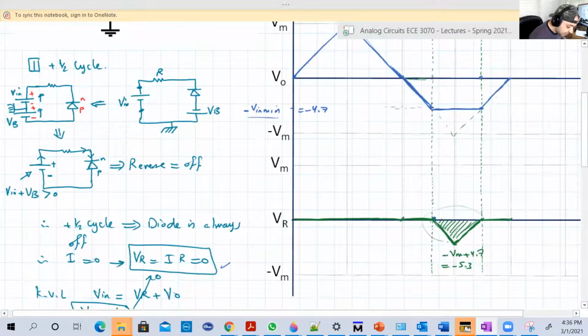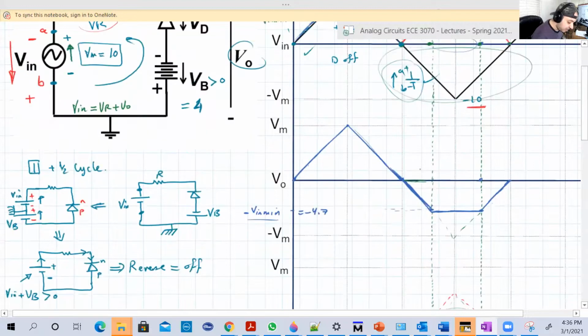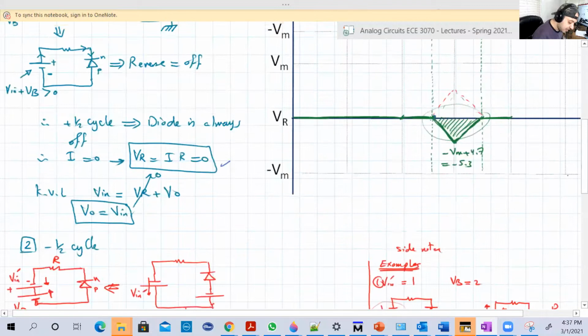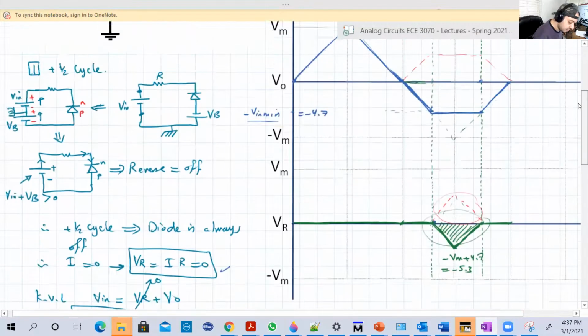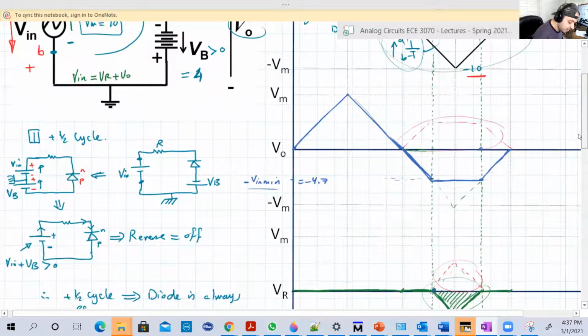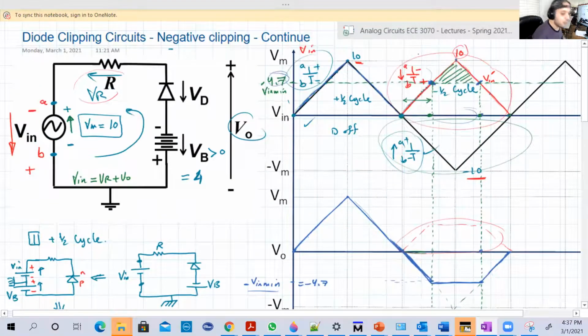If you multiply this by minus, it will be something positive like this. And if you multiply this by minus, it will be positive like this. And if you add this triangle to this shape here, it will give you exactly V input dash.